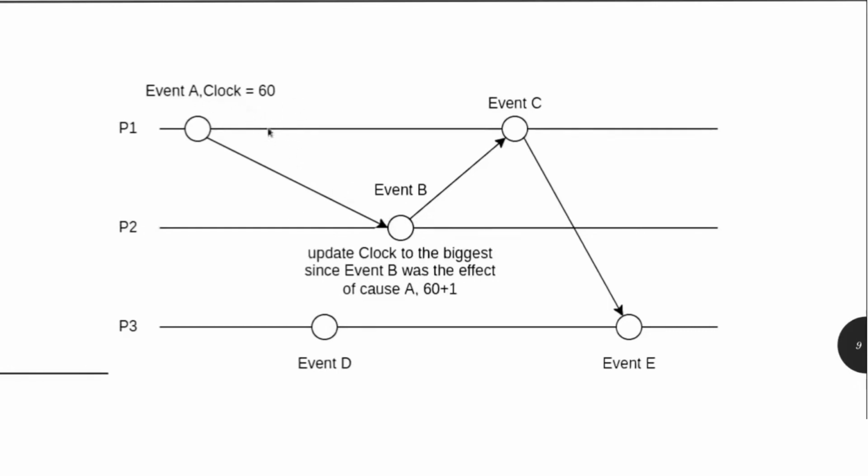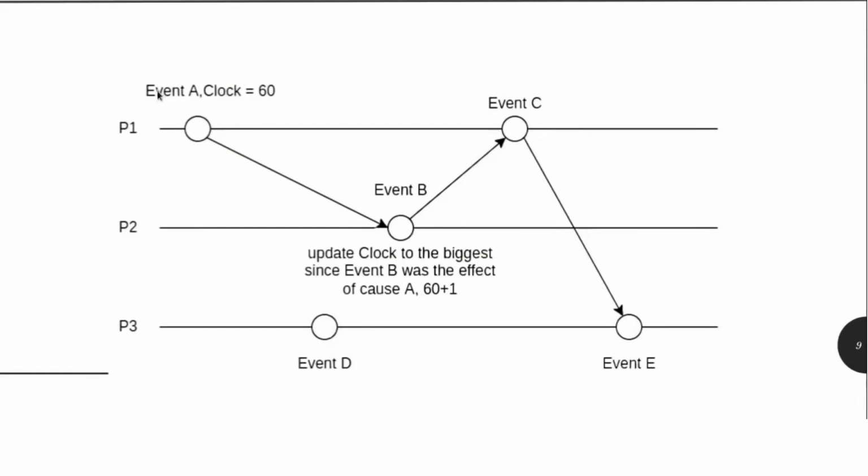Since event A must have happened before event B, that means I can safely update my clock value from whatever it is to 60 plus 1. So event B is the effect and event A is its cause.